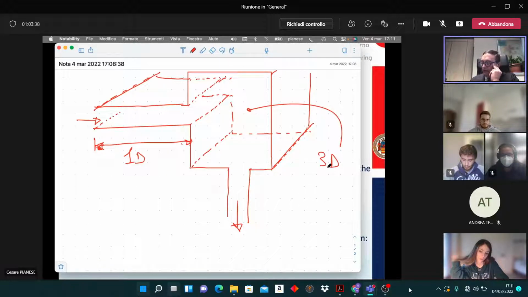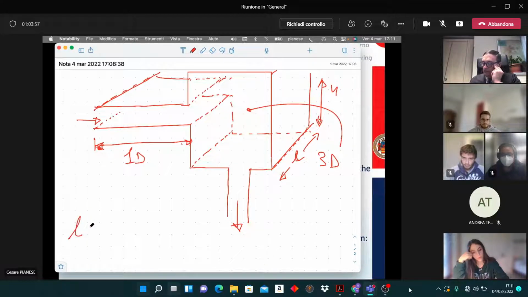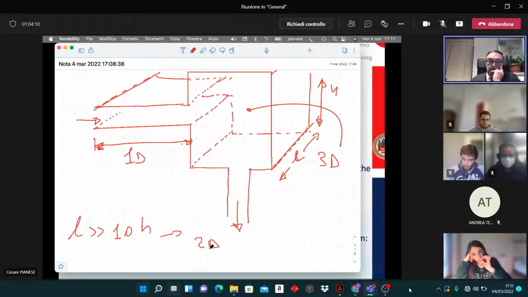But if this length is long enough, so let's say that this is L, this is H, suppose that L is greater than 10 times H, perhaps you may imagine that the flow is 2D instead of 3D.